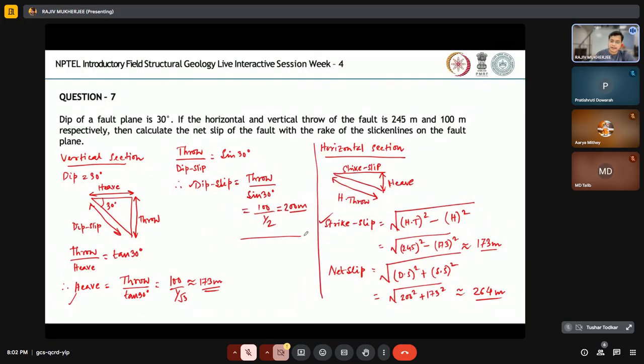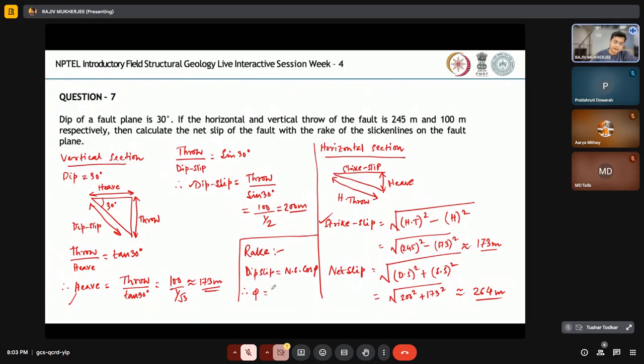And finally, we can calculate the rake. How? Now we know that dip slip is equal to net slip times sin phi.